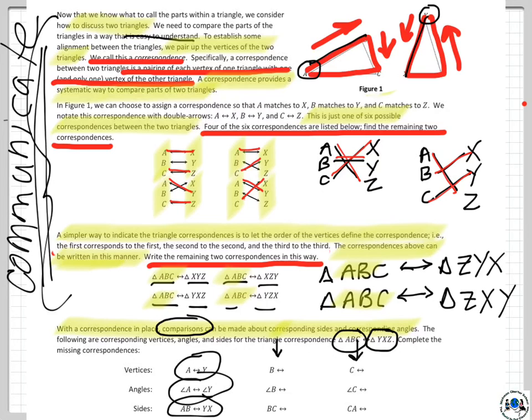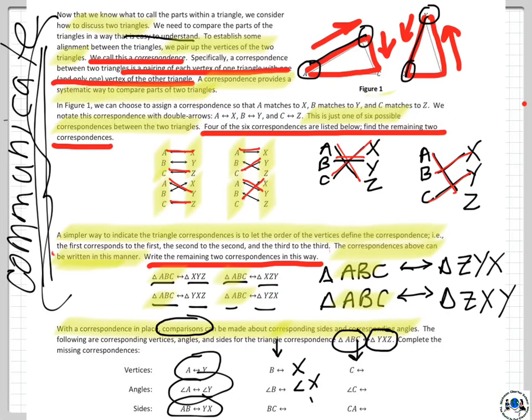Let's look at our missing correspondences. With vertex B, vertex X corresponds to it, and those are here and here. Of course, angle B corresponds to angle X, which is in the same place, except it's not a point but rather an angle.